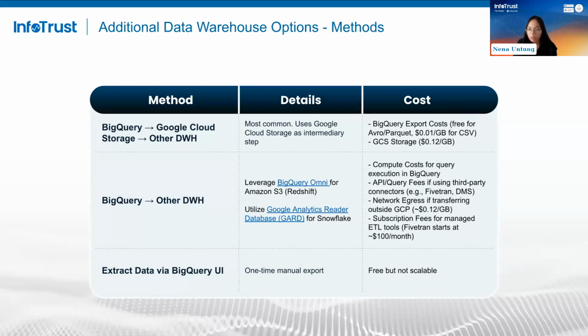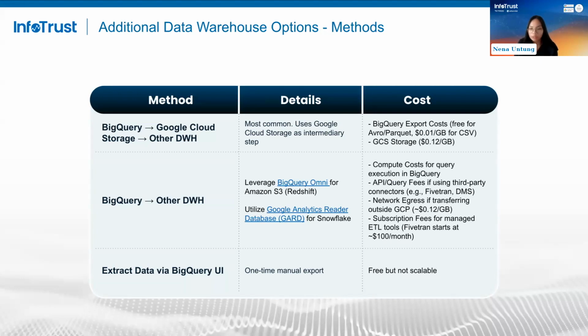The second option is becoming more common because direct connectors are becoming more available for different platforms. There are a few connectors that you can use, like BigQuery Omni or the Google Analytics Reader database for Snowflake, that can directly connect BigQuery to other data warehouses.